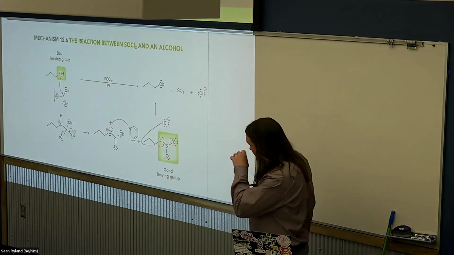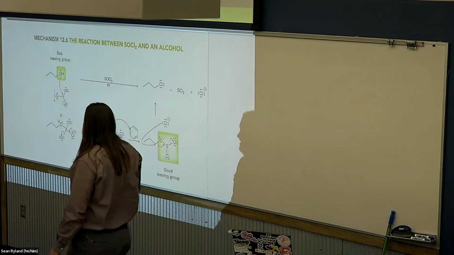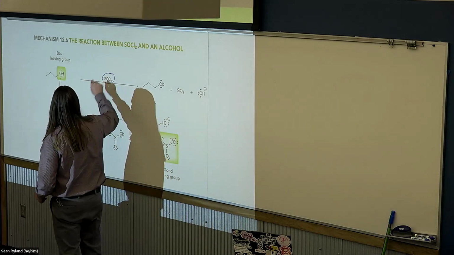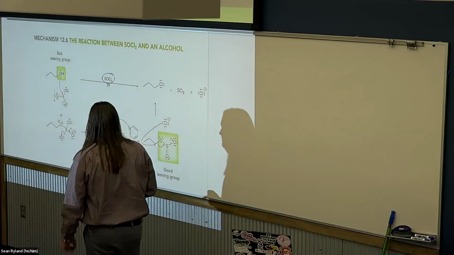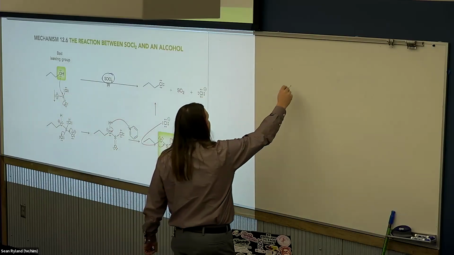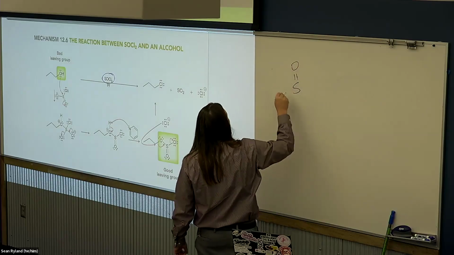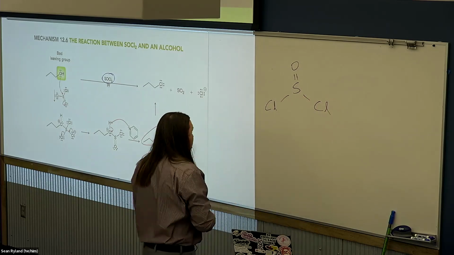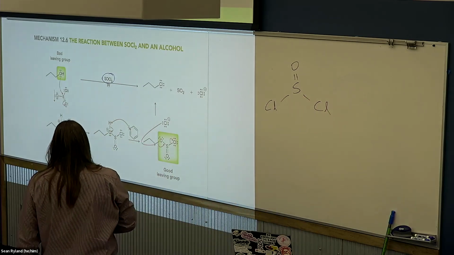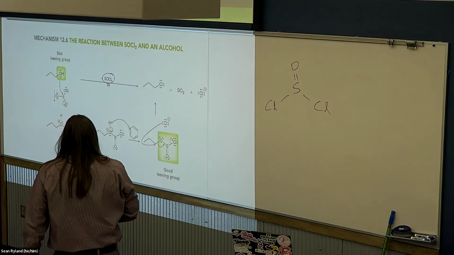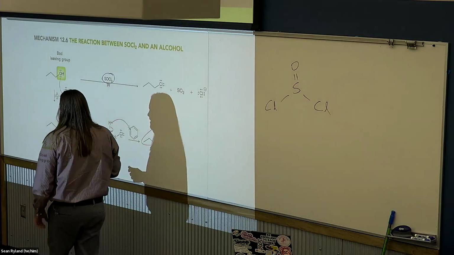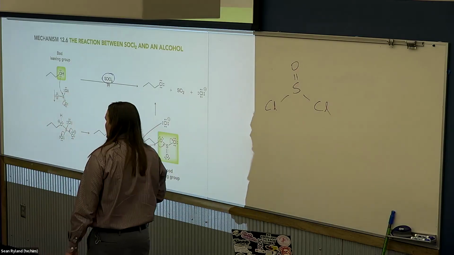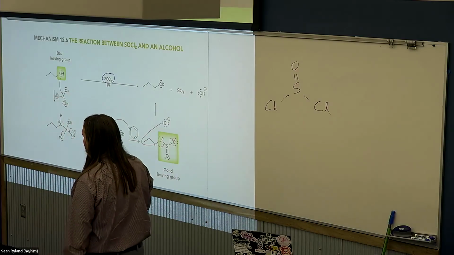Because the first step for these, so if we're trying to chlorinate something, we're going to use SOCl2, which is just going to look a lot like that DMSO molecule we dealt with last week. What's going to happen is basically that the sulfur oxygen bonds are more stable than the sulfur chloride bonds.